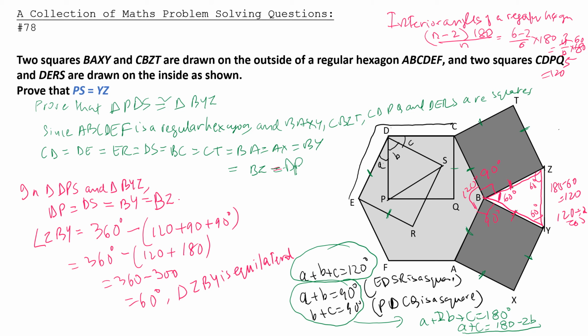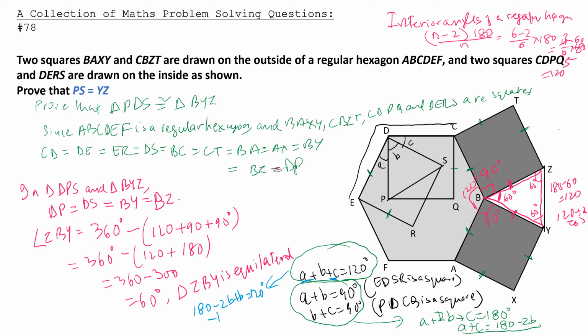A plus C is 180 minus 2B. So we can write 180 minus twice B, that is A plus C, plus B, and that equals 120 degrees.